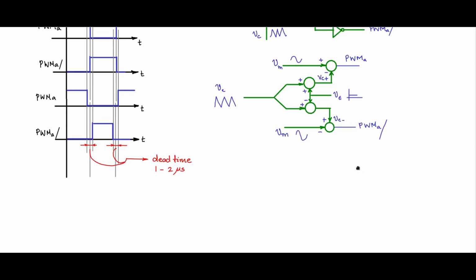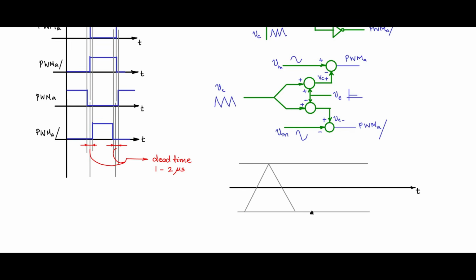Let us just have a look at the wave shapes to understand this a bit. Let me have, between these two limits, what is supposed to be the actual carrier. But this is not the carrier that we will use. We will add a small epsilon to this carrier and get Vc plus and Vc minus. When you add a small epsilon, Vc plus will look like this.